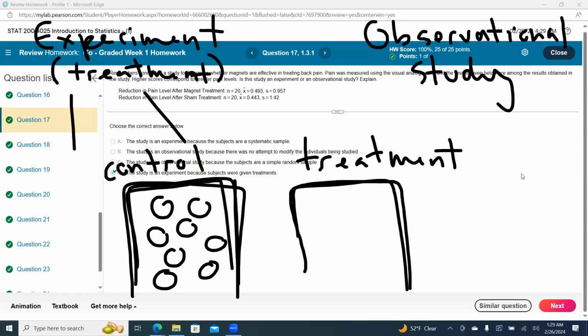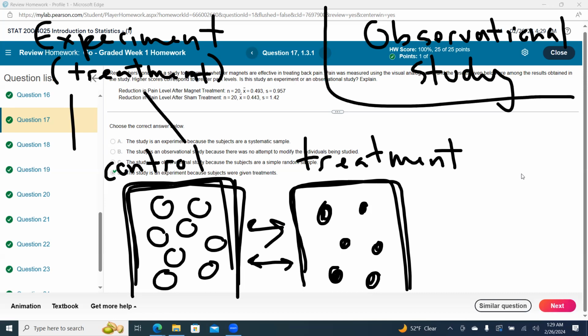And of course, you have a treatment group who is given the treatment. And then in an experiment, you're comparing the results of both of these. So that's very common for the experiment. You're always going to have a control group and a treatment group. Of course, in observational studies, you don't introduce any kind of treatment.